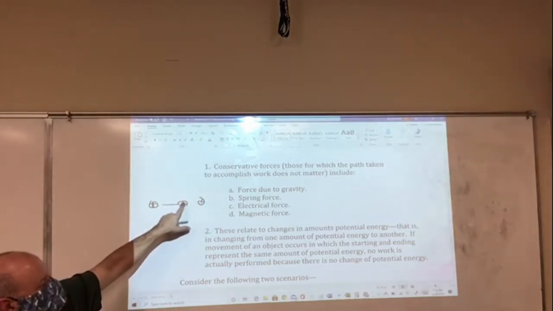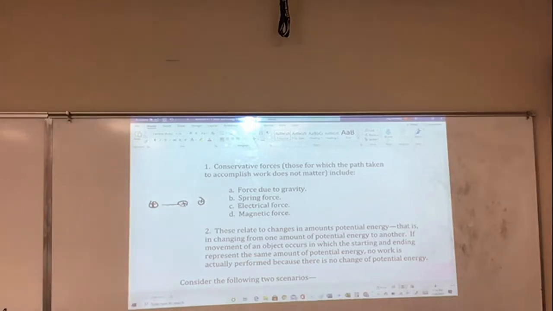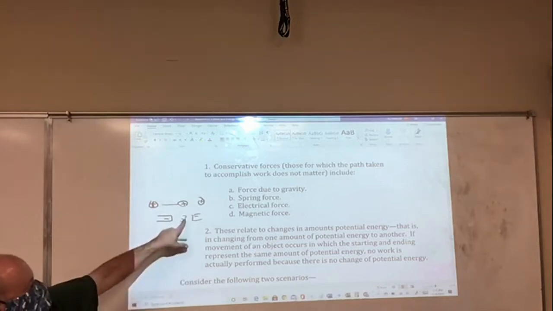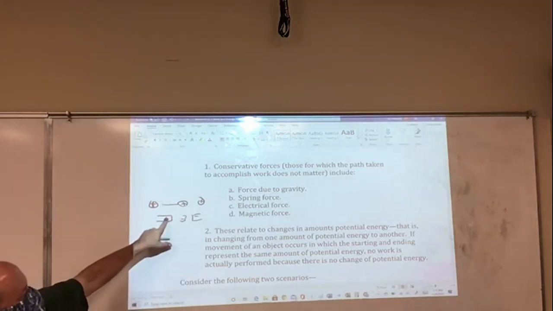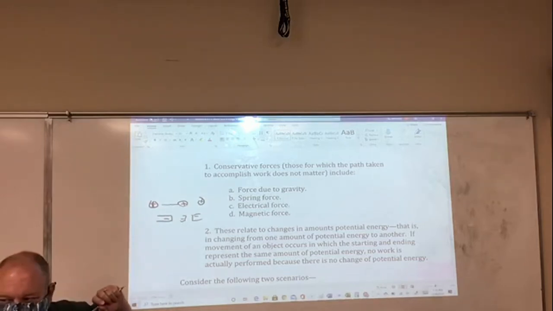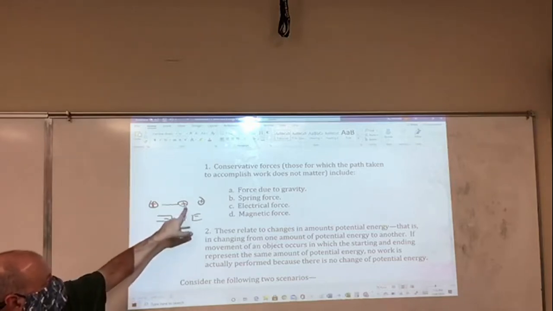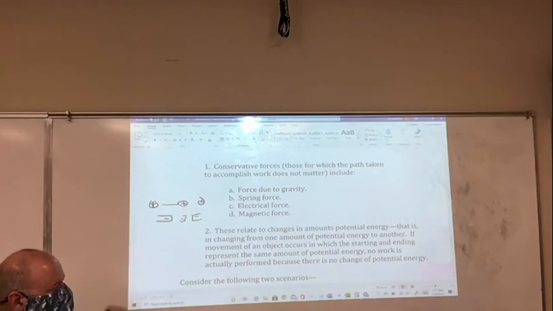It has the ability to do more work than it did before. Likewise, if I pushed the negative end of a magnet closer to the negative end of a magnet, there's a repellent force there, right? And this magnet now has a greater ability to do work than before, but it's still all just potential energy. I've stored potential energy in this magnet, or in this charge, or in that spring.